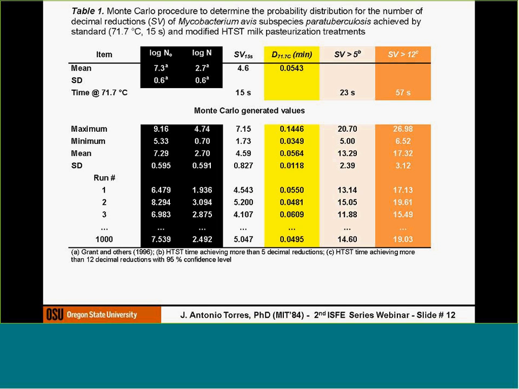We treat the milk through a conventional process, so 71.7 Celsius, 50 seconds. And what are the survivors? A log of N of 2.7, with still a standard deviation of 0.6. Then we generate 1,000 values of log of N.